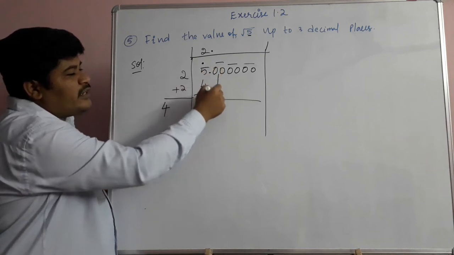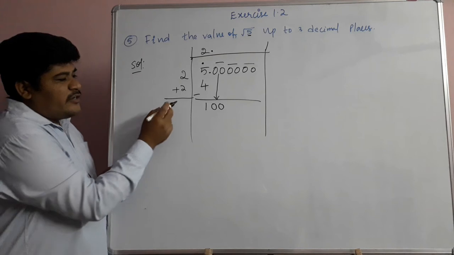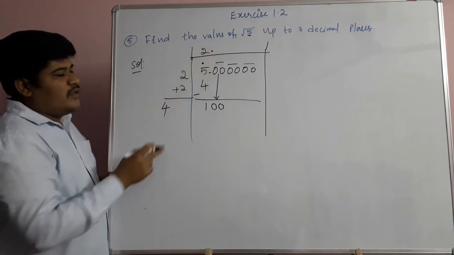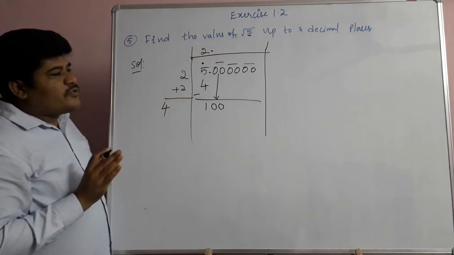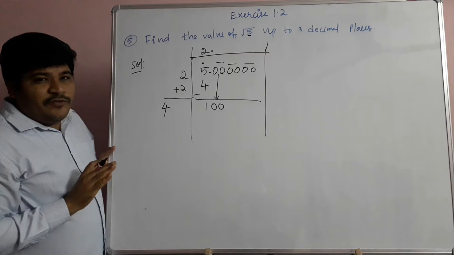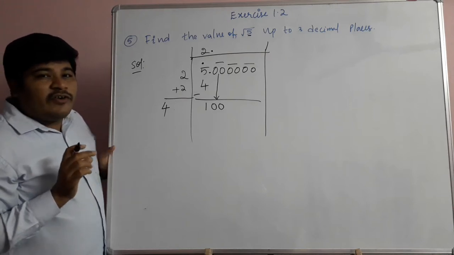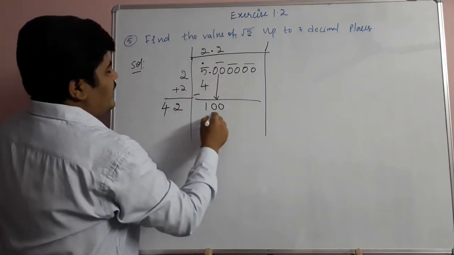So this pair you have to take down, 0 0. And students, I already told you, whatever number we write here, the same thing we need to write here also. Means 41 ones, 42 twos, like that. So 42 twos are 84, 43 threes are 129. The nearest small number is 84, so 42 twos are 84.